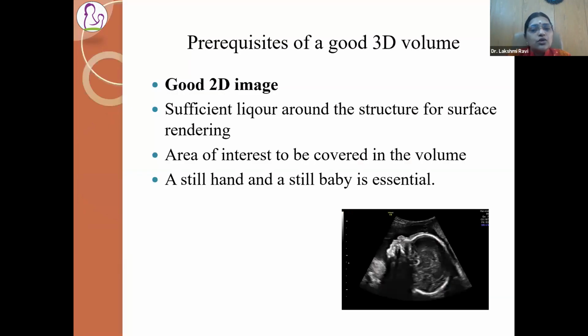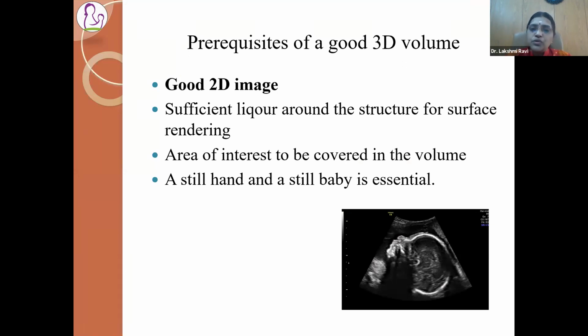And the prerequisite of a good 3D volume, repeatedly, is only one thing, a good 2D image. You must have a good 2D image to get the end result of a 3D picture. And obviously for surface anomalies, you need sufficient liquor around the structure for surface rendering. You need to cover the area of interest in the volume, and a still hand and a still baby are essential.